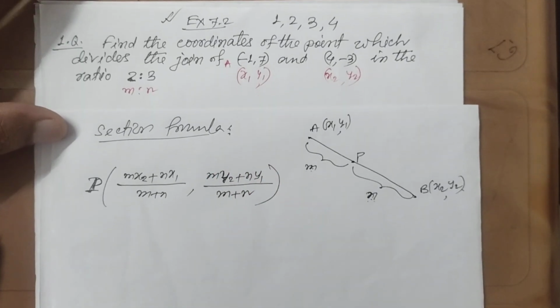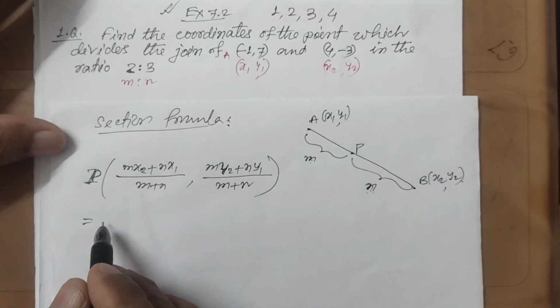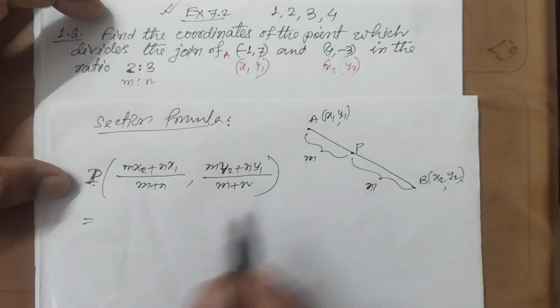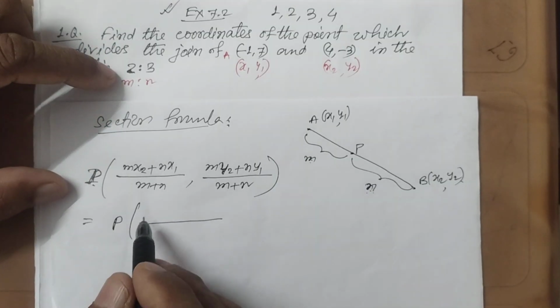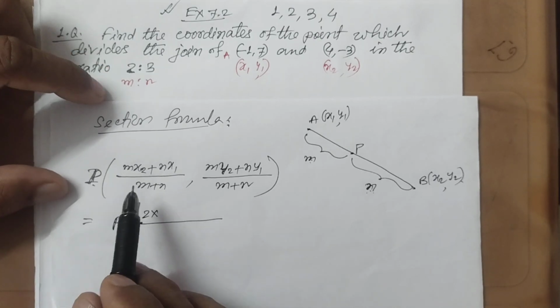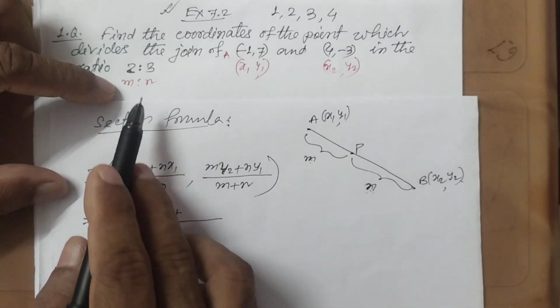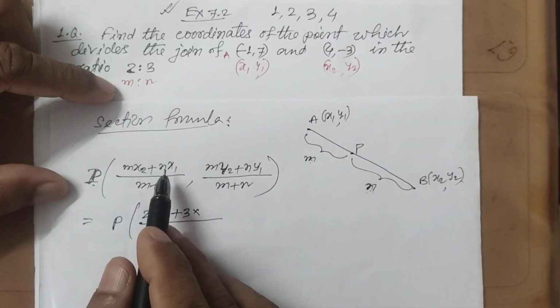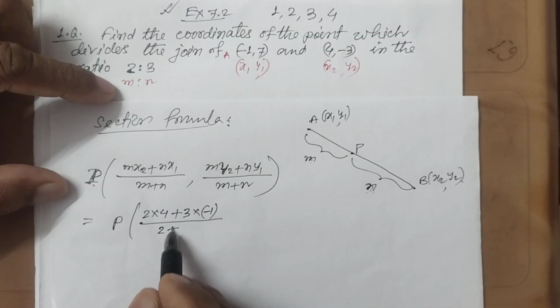So if we put in the formula, the point P is given by m is 2, m into x2 is 4, plus n is 3, and x1 is minus 1, by m plus n, 2 plus 3.